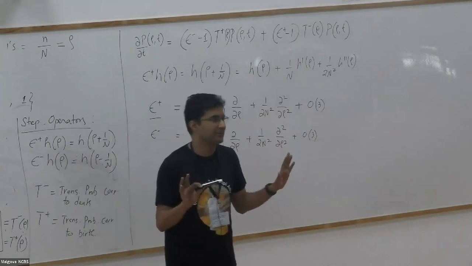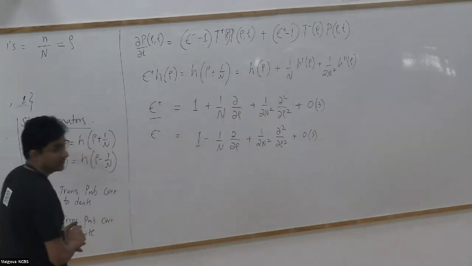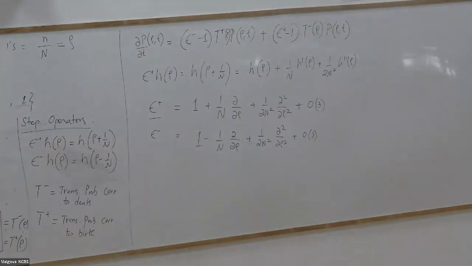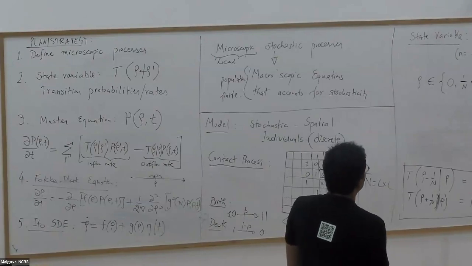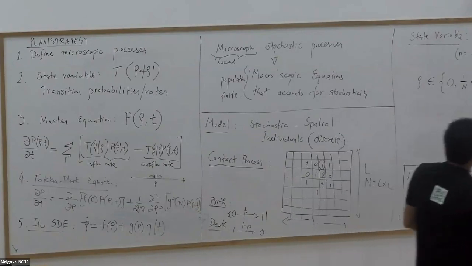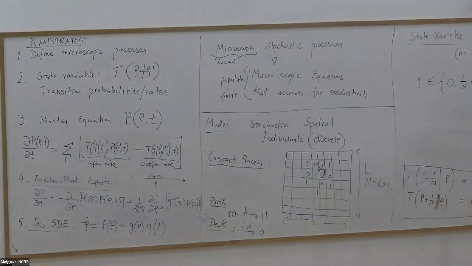Is that clear to everyone? Which are the minus terms? Are the minus 1 terms? Epsilon minus, yes. Okay. So now, if you substitute this back here, what do we get?